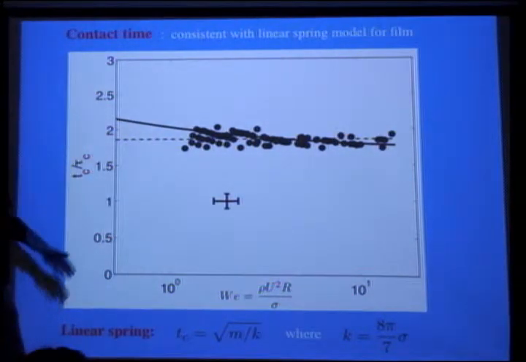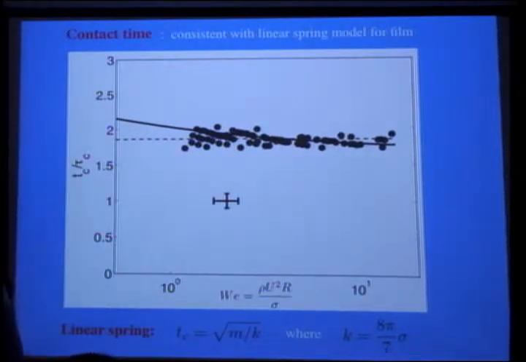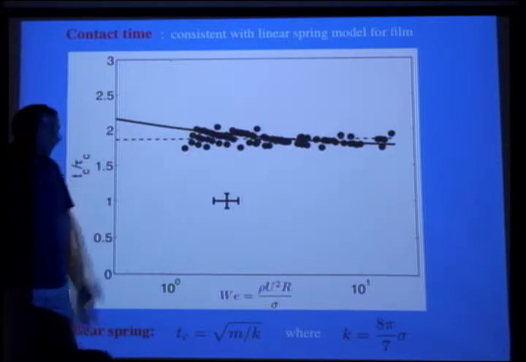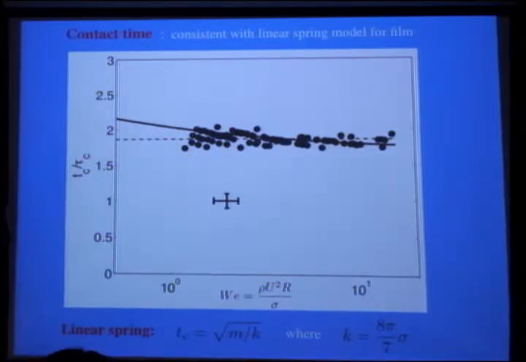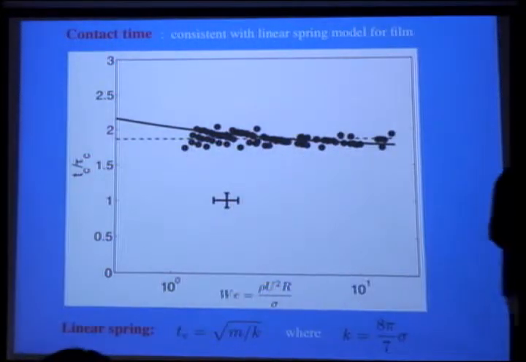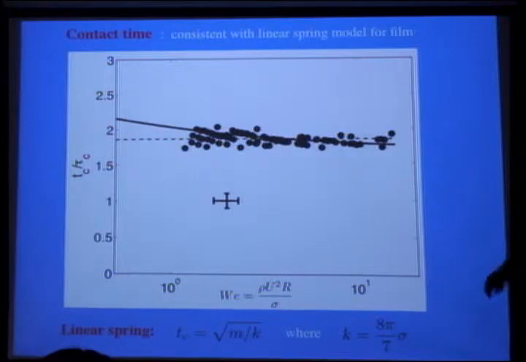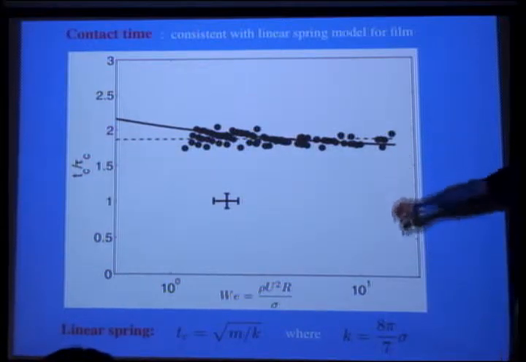It comes out to be this square root of m over k. So there's a weak dependence which we can rationalize later, but to leading order, we see that this film is behaving like a linear spring, certainly in terms of the criteria for crossing the film and in terms of the contact time.